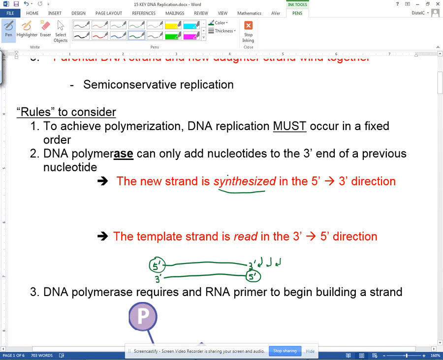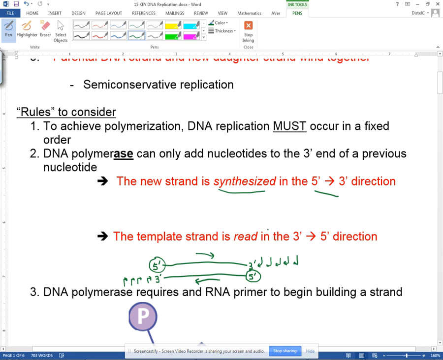So we say that the new strand is synthesized in the 5 to 3 direction. It's elongating in this direction. If I were to add nucleotides to this one on the bottom, they would be added here and here and here and here. So synthesis happens in the opposite direction.